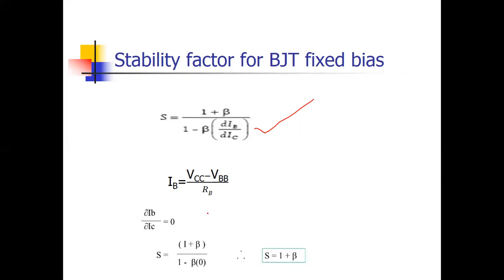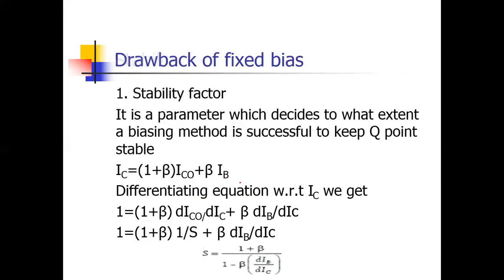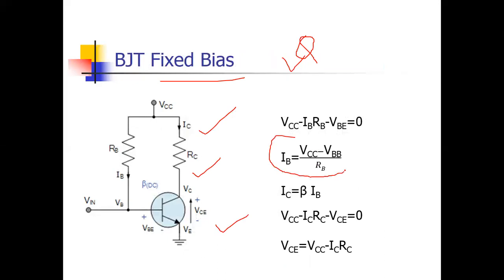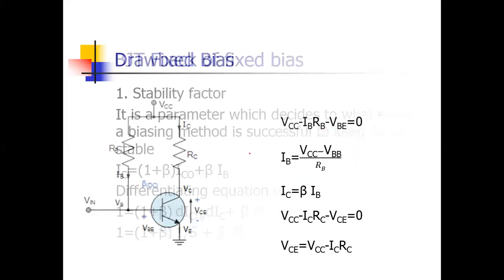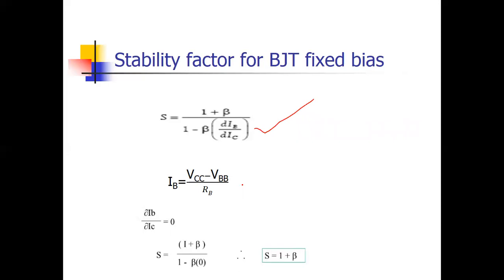But in our case, if you remember, we found the equation of IB as (VCC minus VBE) upon RB. Now differentiate this equation with respect to IC. Since there is no IC term, this differentiation will be 0. When you put the values in the equation, S equals (1 plus beta) upon (1 minus beta into 0), so S is 1 plus beta.